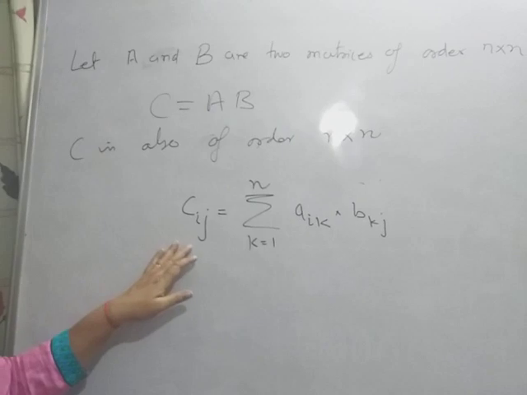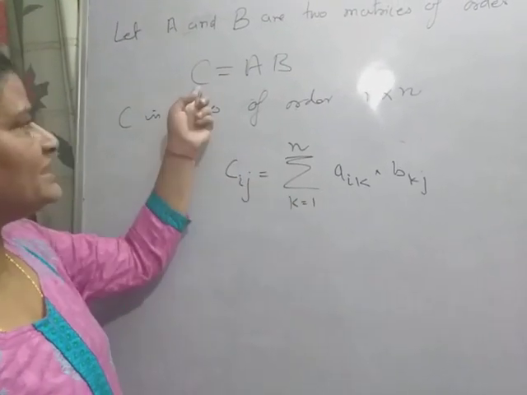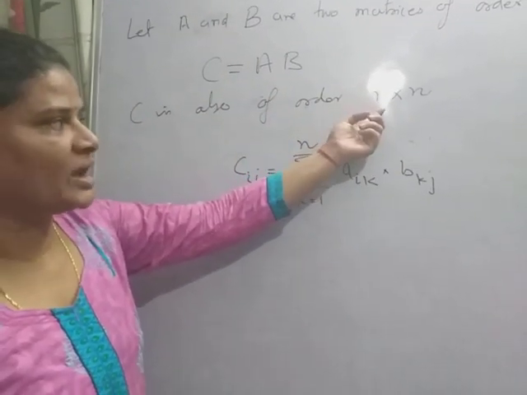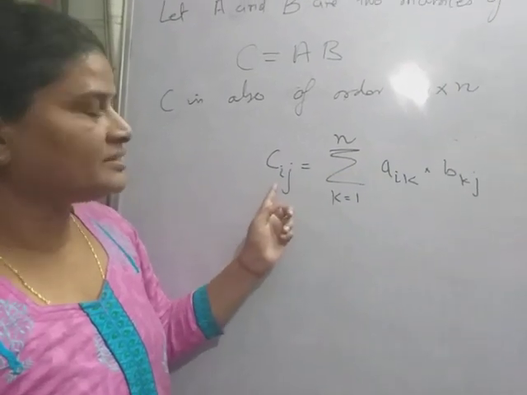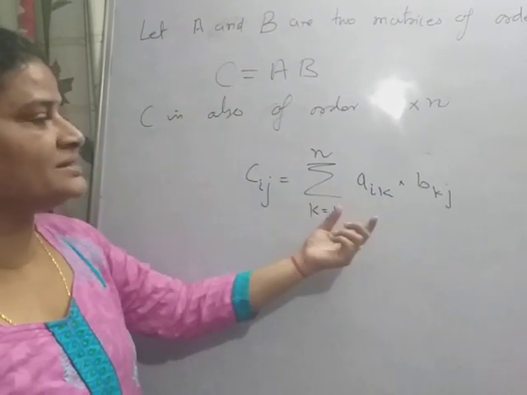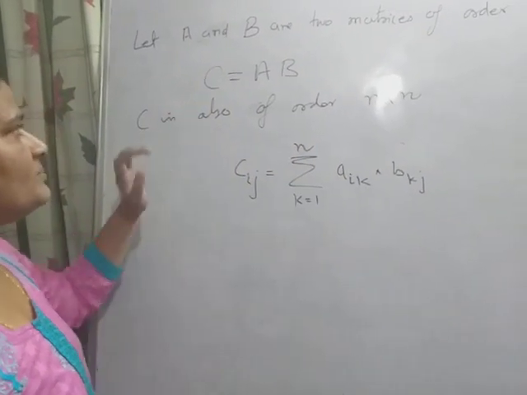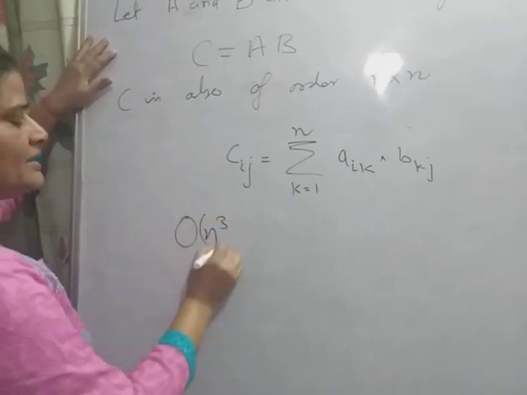In C there are a total of n square entries, and computing one element of the C matrix requires n multiplications. So the complexity of this conventional procedure is order of n cube.